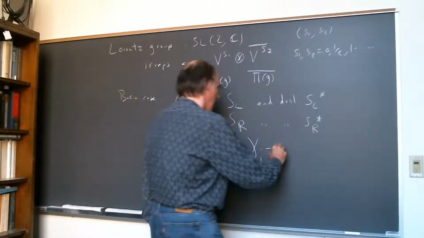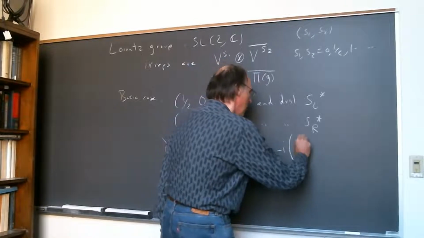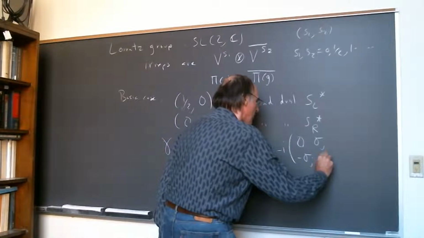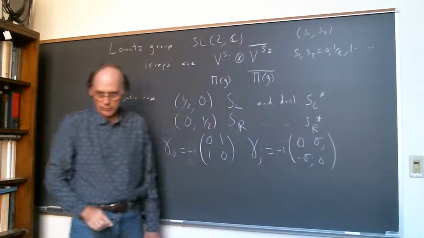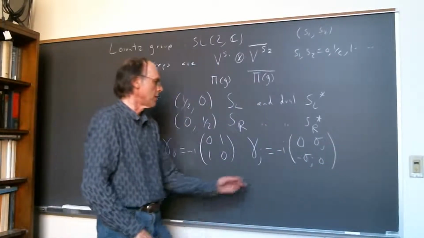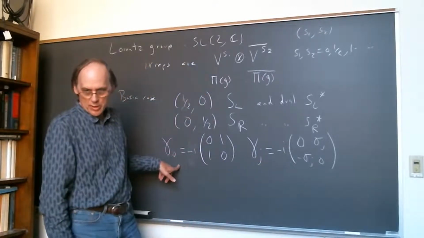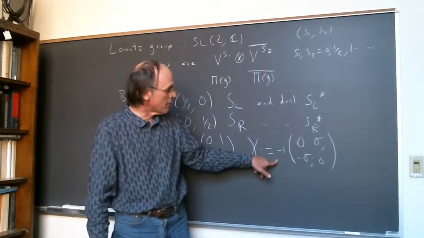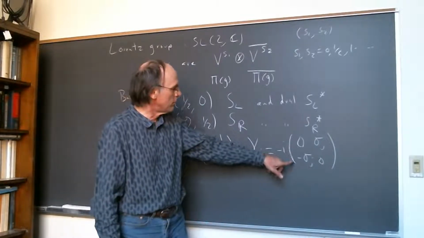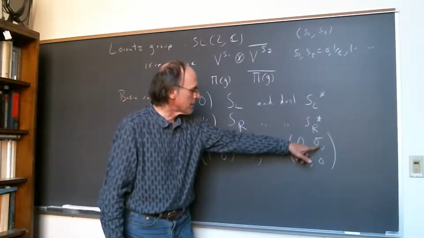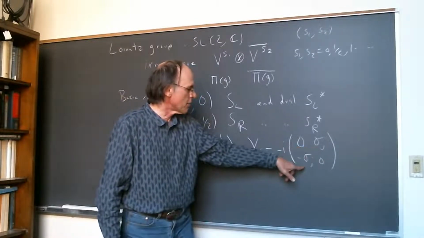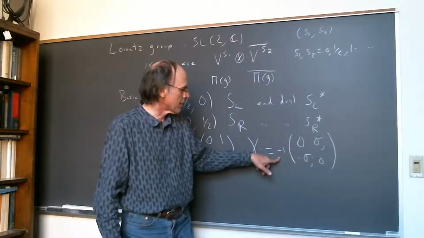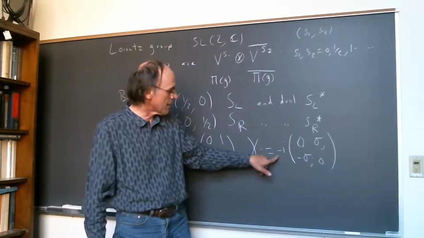You use the Pauli matrices, and you can easily check what happens when you square them. You get -1: squaring sigma j gives a -1 that cancels a -1 here, so these will satisfy the relations.